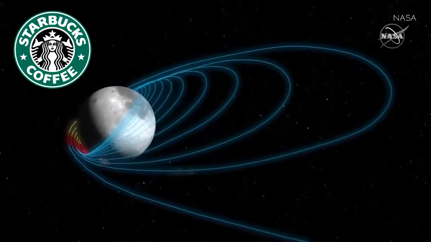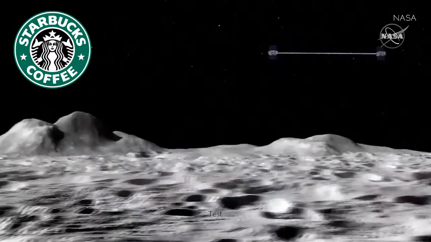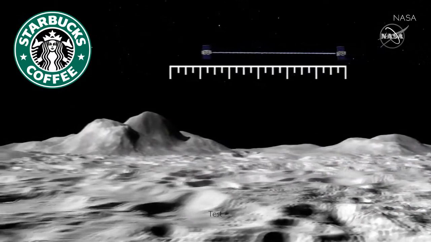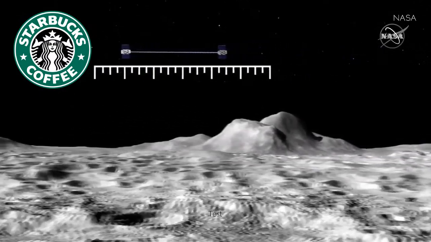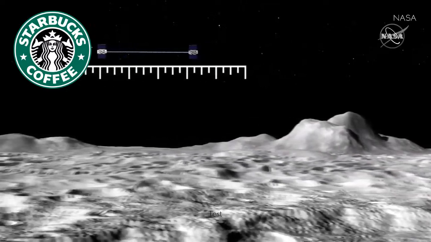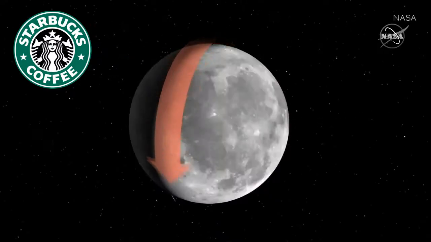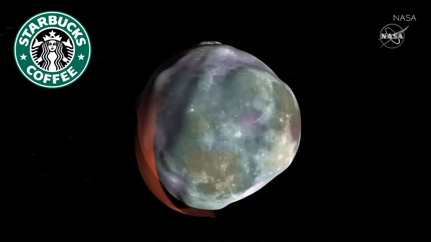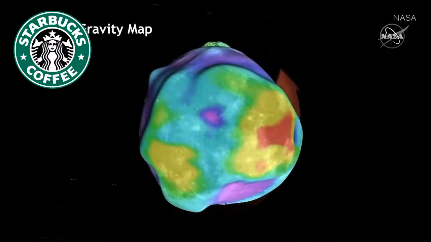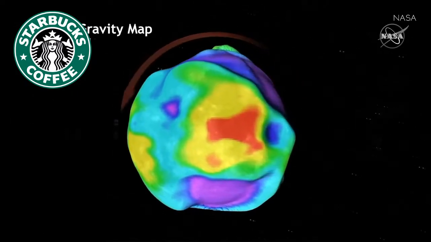And the idea behind this spacecraft was that the two co-orbiting spacecraft could determine the distance between themselves to an accuracy of about 1 micron, or 1,000th of a meter. As that distance between the two spacecraft changed, that indicated that there was a change in the gravity field felt at orbit. And that in turn allowed us to do an incredibly detailed gravity map of the moon.